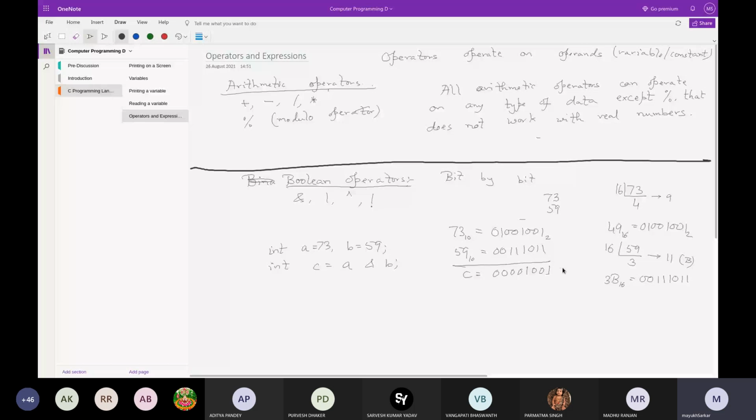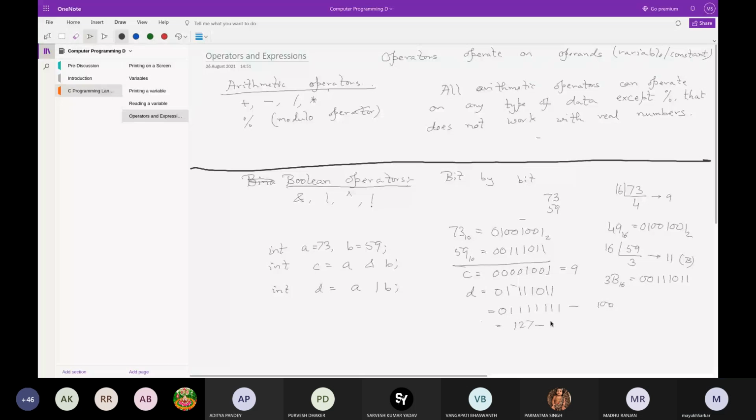Okay, and if I store int d equal to a OR b, d will get, as you can expect, 01111011, right? We have to evaluate this: it is 127 minus 4, so this should be 123. So the value of d will be 123.